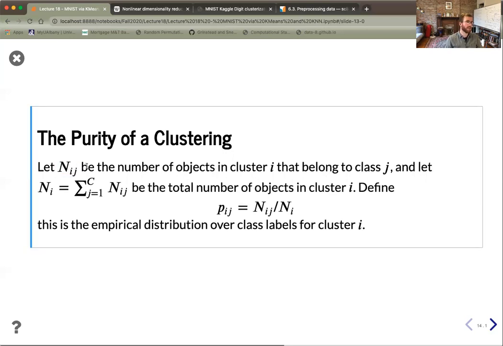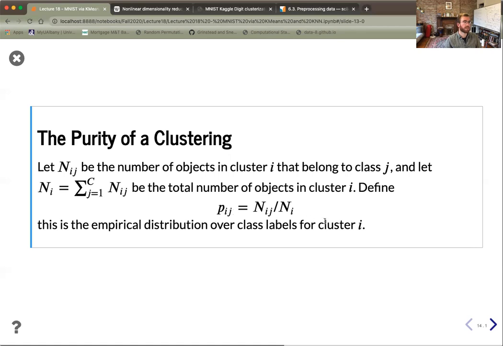Let Nij be the number of objects in cluster i that belong to class j. And then let Ni be the total number of objects in cluster i. So we sum over all of our class labels, j equals 1 to C, where C is our number of class labels, and we let that be the total number of objects in cluster i, this Ni.